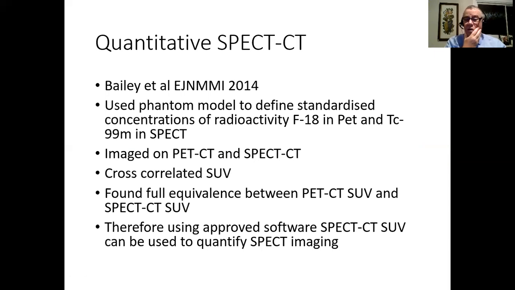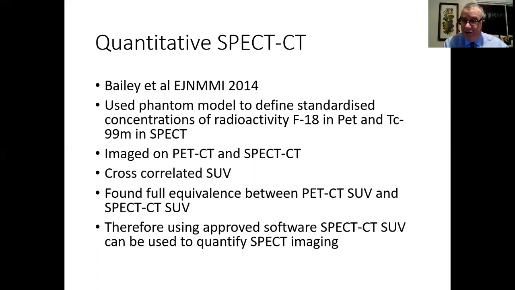Also, we can use these techniques to do quantitative SPECT, and this work was done by Dale Bailey in Australia and published in 2014, and he used a phantom model to define the SUV, and he had it done with PET and SPECT, and he cross-correlated the SUV.